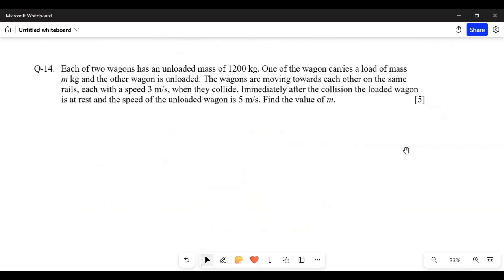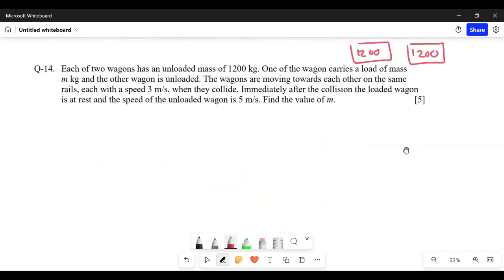Each of the 2 wagons has an unloaded mass of 1200 kg. So there are 2 wagons with a mass of 1200 kg. One wagon carries a load of mass m kg. Okay, one has a load on it of mass m. So the total mass of this one is going to be 1200 plus m.